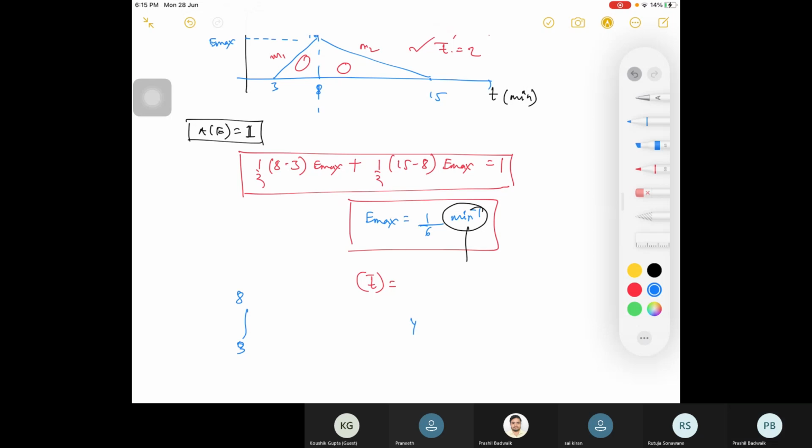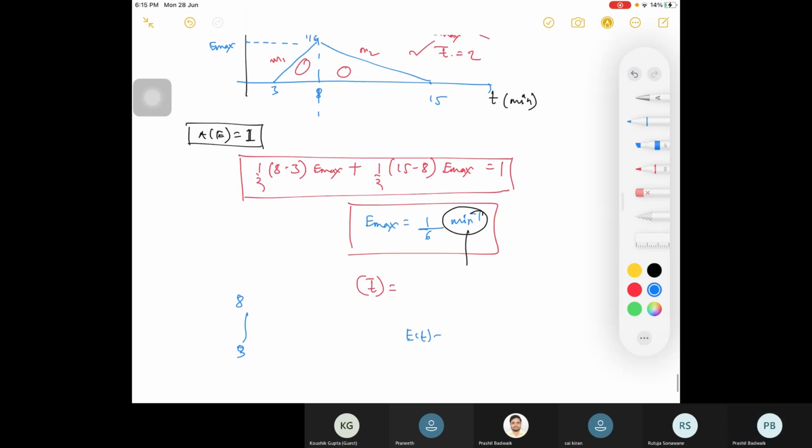E t minus 0 is equal to your slope, what is it? 1 by 6 minus 3, divided by change in y upon change in x.